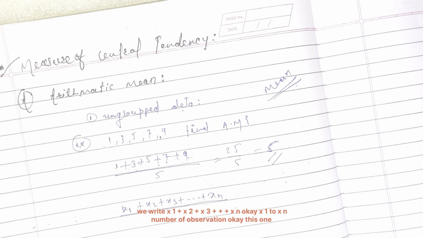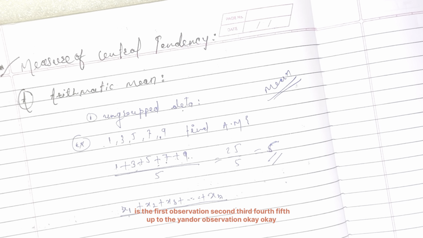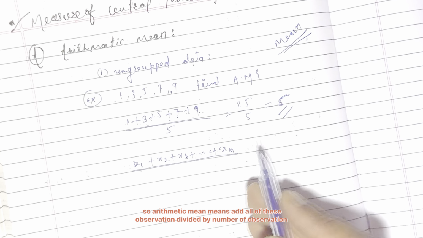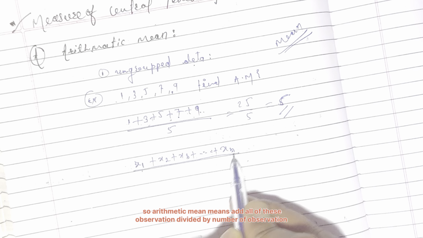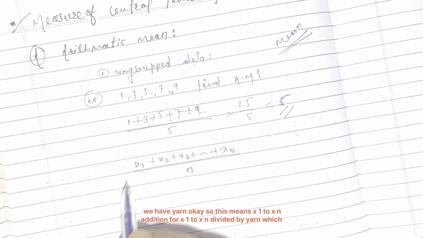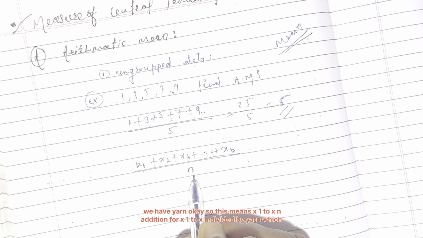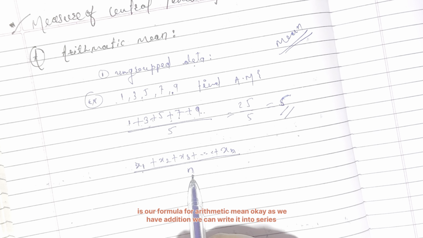This is the first observation, second, third, fourth, fifth, up to the nth observation. Arithmetic mean means add all of these observations and divide by the number of observations, which is n. So the addition of x1 to xn divided by n is our formula for arithmetic mean.